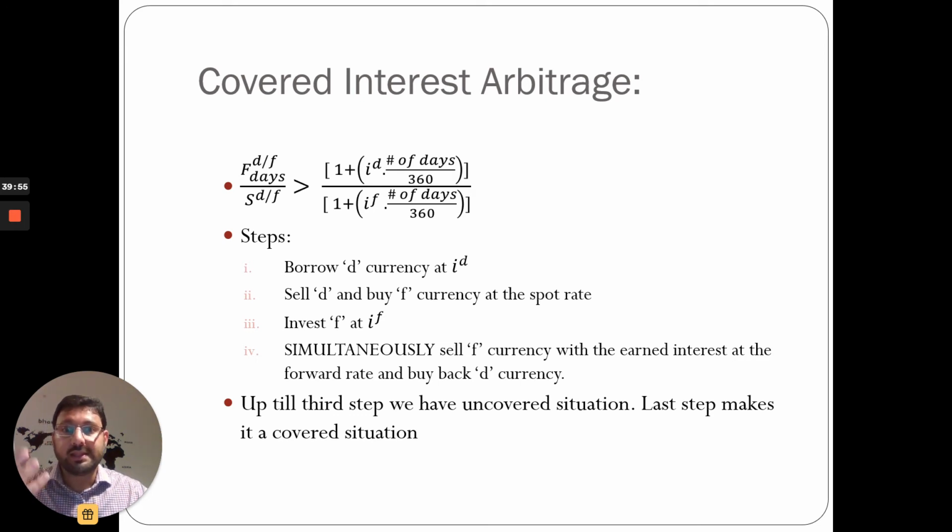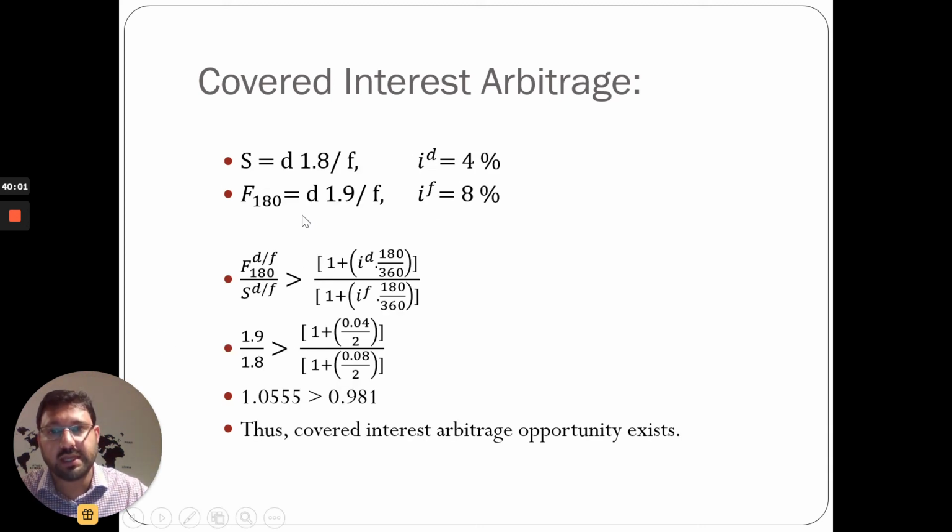But at the same time, compared to the forward, what was the forward rate saying? The forward rate was saying that 1.9 D units are needed in order to buy 1 unit of foreign currency, and your asset currency at the third step is now the F currency, right?